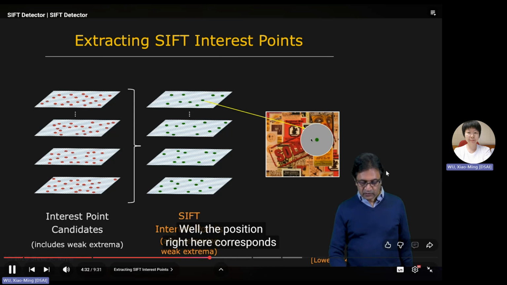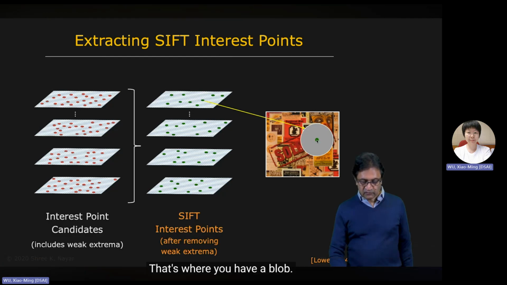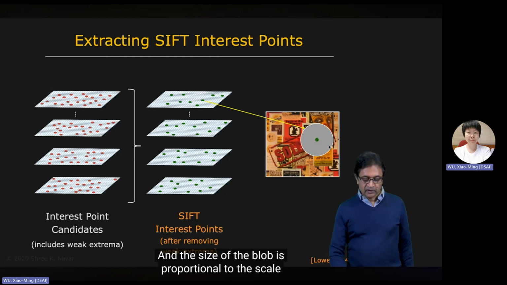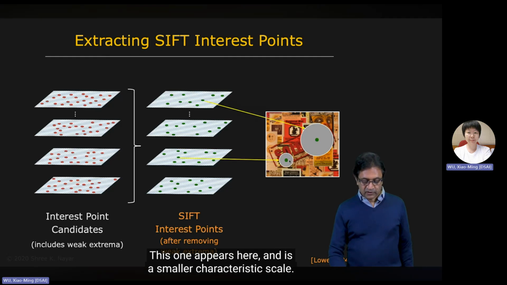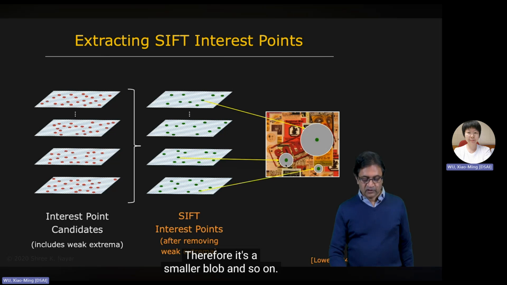Position right here corresponds to the position right here. That's where you have a blob, and the size of the blob is proportional to the scale at which you are. So you have a fairly large blob right here. And this feature right here appears here. This one appears here and has a smaller characteristic scale. Therefore, it's a smaller blob, and so on.